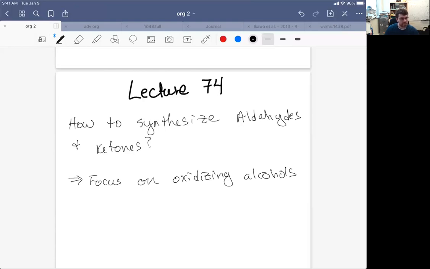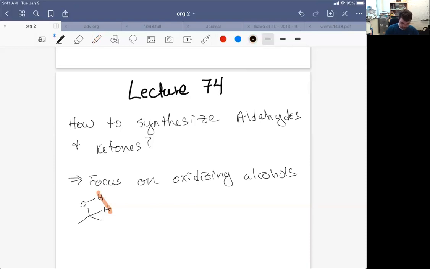Okay, now with that in mind, let's break down what a typical alcohol oxidation reaction looks like. Well, if you recall, oxidation can be the removal of electrons, addition of oxygen atoms, but also the removal of hydrogen atoms. And that's what we're seeing here. We're going to remove these two hydrogens, what we call the hydroxyl hydrogen, the OH hydrogen, and the carbonyl hydrogen. That is the carbon directly attached to the alcohol. So both of those hydrogens are going to be removed.